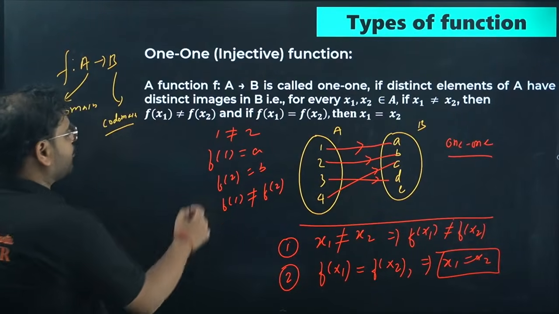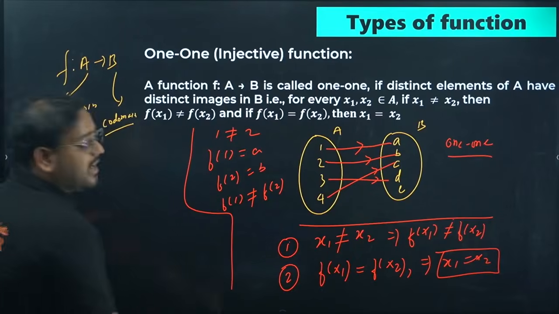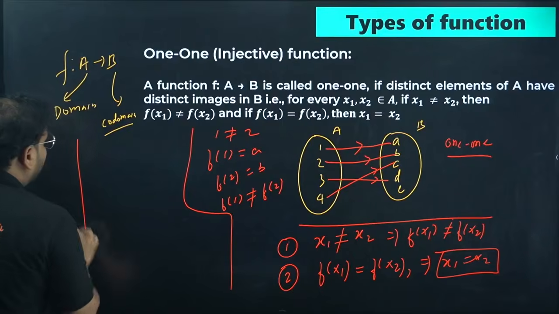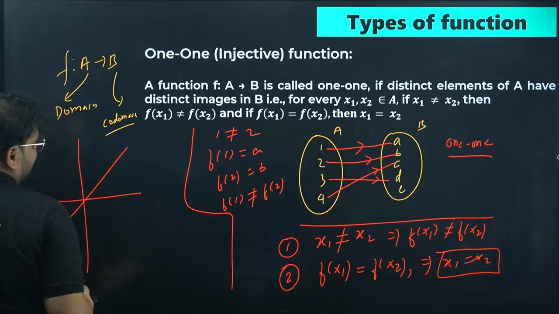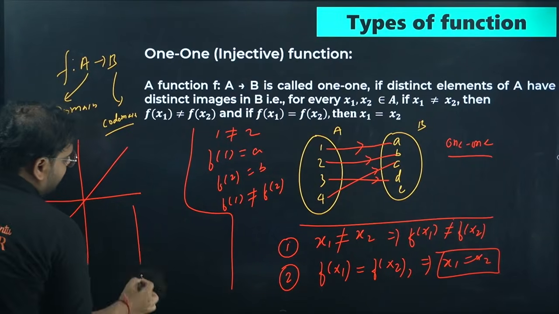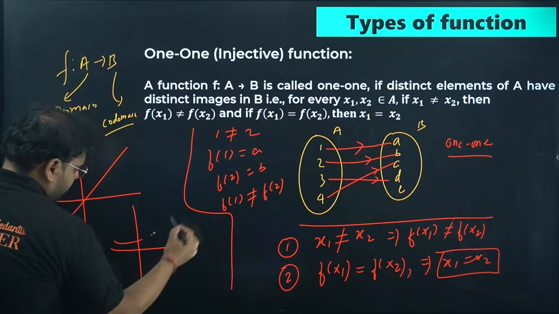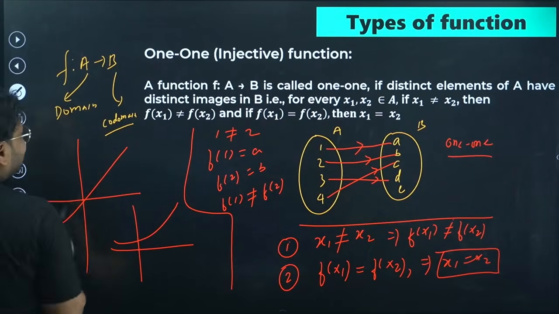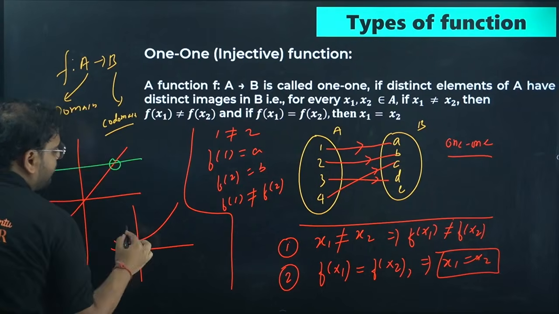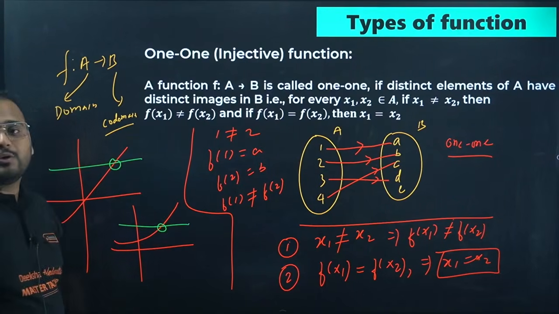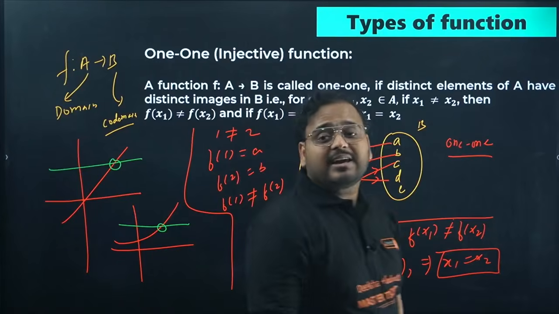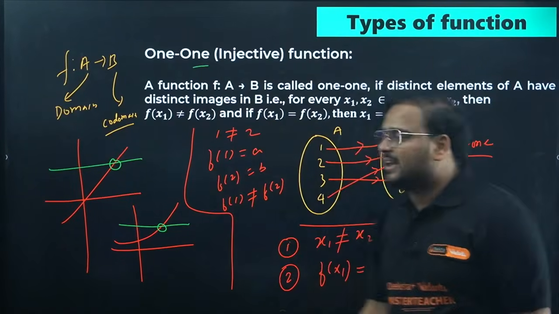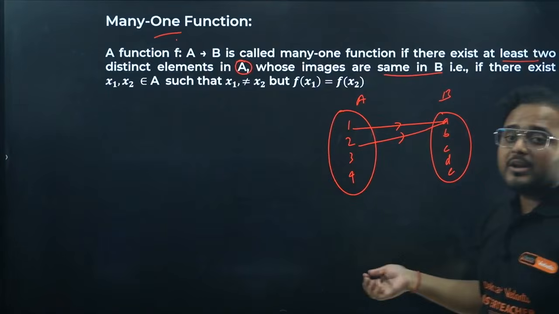So this is the algebraic approach. Mapping is done. Now the last is the graphical approach for faster solving of the questions. Whenever you have a graph like this, a straight line, or an exponential graph, and you do a horizontal line test and you get only one intersection, then the given function has to be 1-1, and every other case is many one or not 1-1.